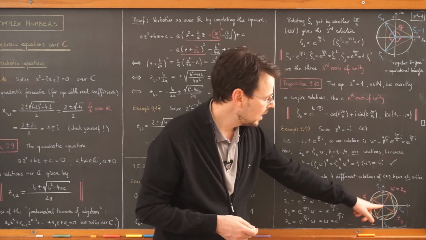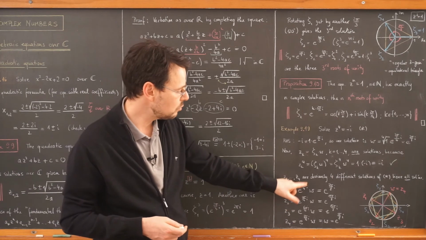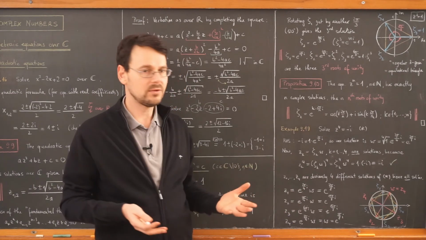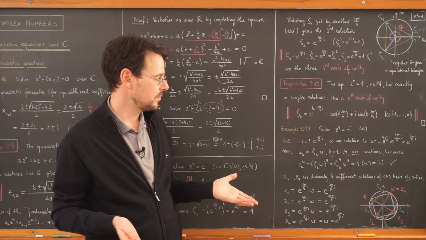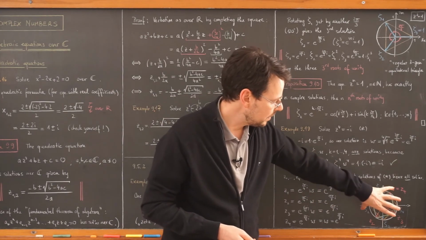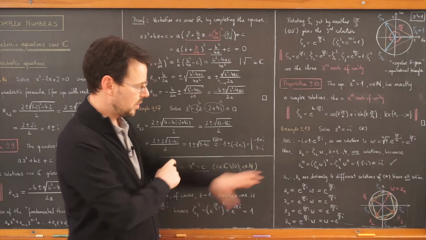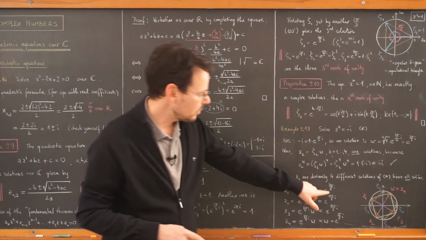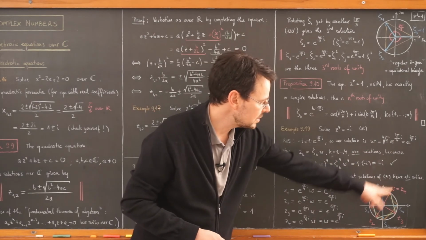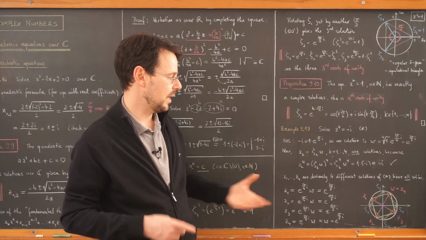And the others are simply rotated by 90 degrees because 2 pi over 4 is pi over 2 or 90 degrees. So all we are doing here is rotating the square that corresponds to z to the 4 equals 1 by 3 pi over 8. We simply multiply all the roots of unity by w, and that's it.